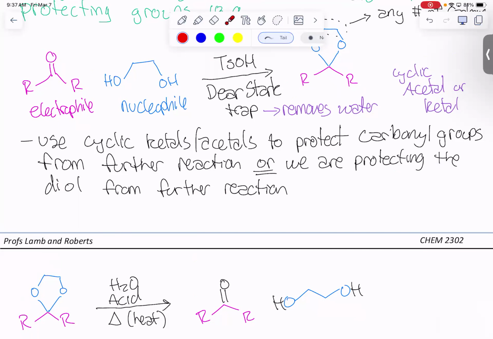Or we could take a look at our electronics, and we can selectively change the identity of our nucleophile to favor the electronics of our aldehyde or ketone. So yeah, that's a great question. It's called chemoselectivity. And this is why I love chemistry, putting all these little pieces together, because there are so many other considerations. So yeah, great question.